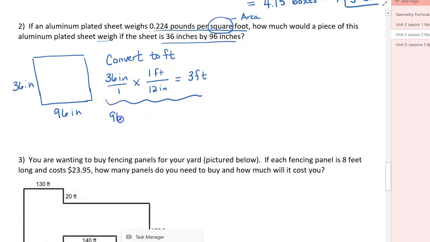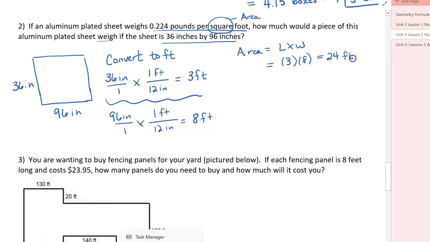And then 96 inches times 1 foot over 12 inches, and there are 8 feet in 96 inches because 96 divided by 12 is 8. So now to find the area, remember it's length times width because we're dealing with a rectangle. So 3 times 8 would give me 24 square feet.